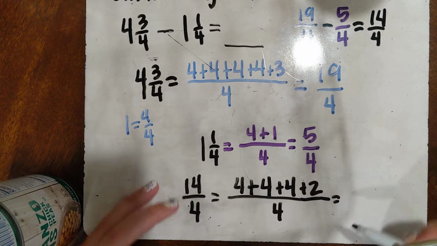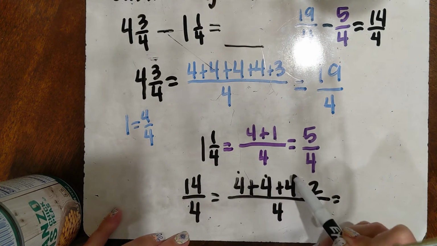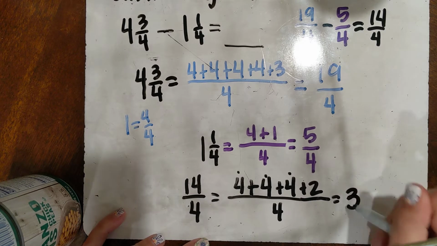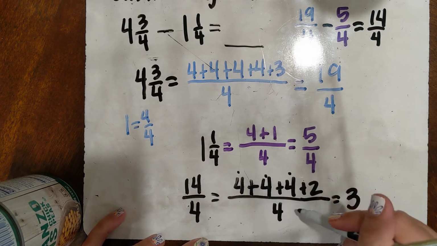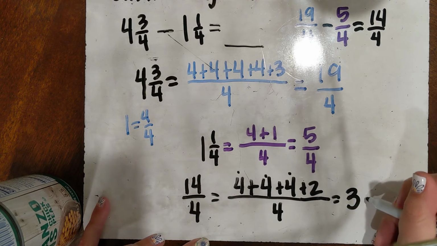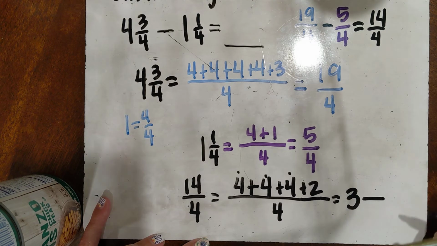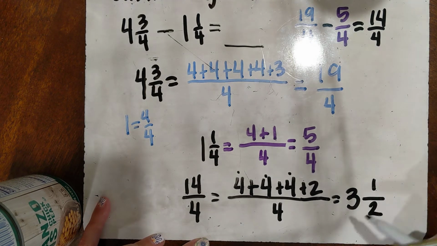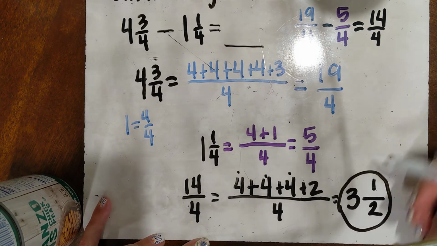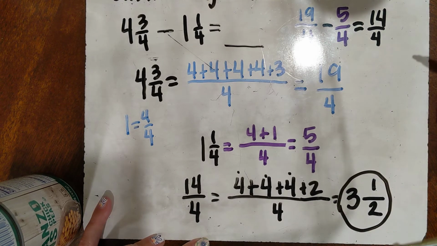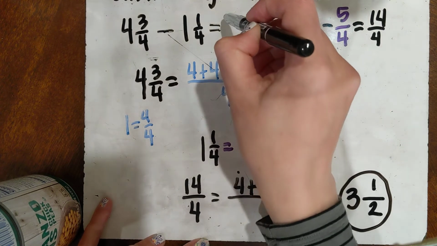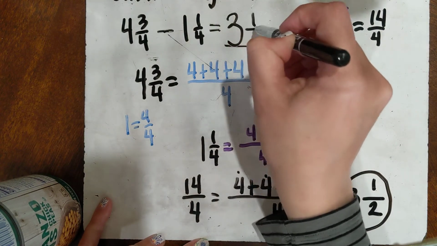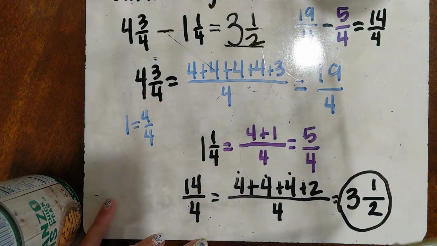But we have 1, 2, 3 wholes, 4/4, 4/4, 4/4, and then 2/4. And 2/4, in simplest form, is 1/2. That's how many boxes of games she has left. So we're going to write that up here for the answer, 3 1/2.